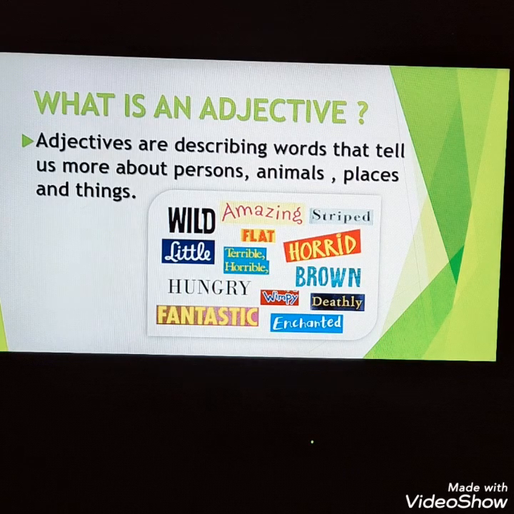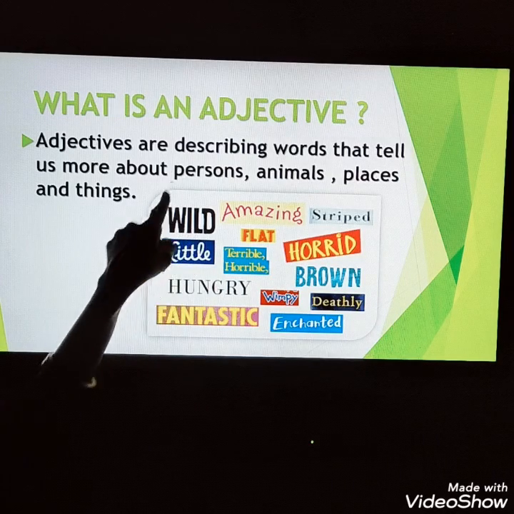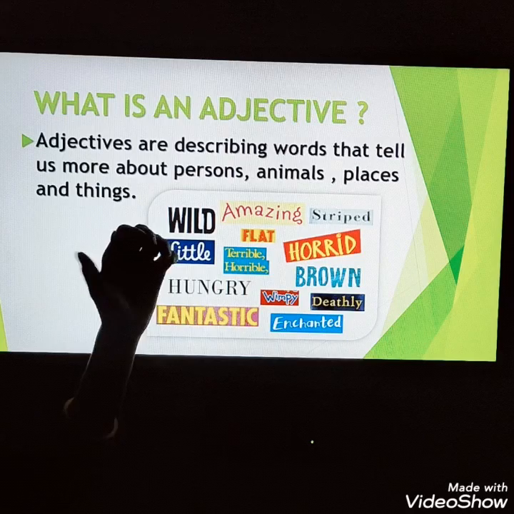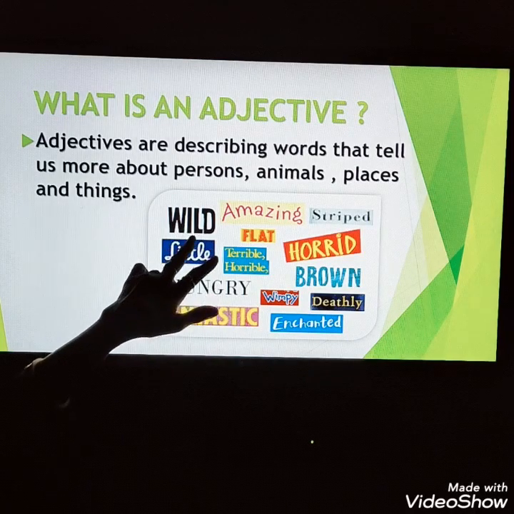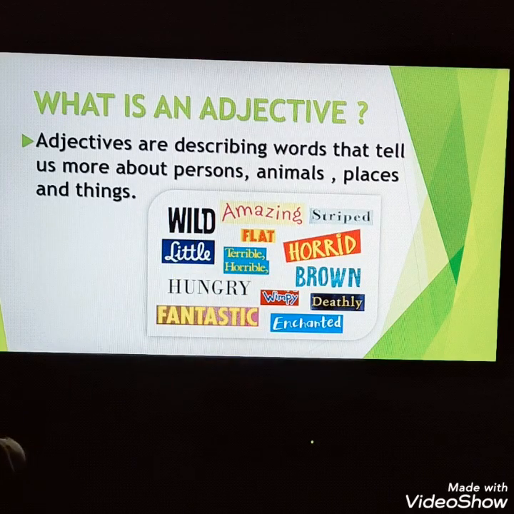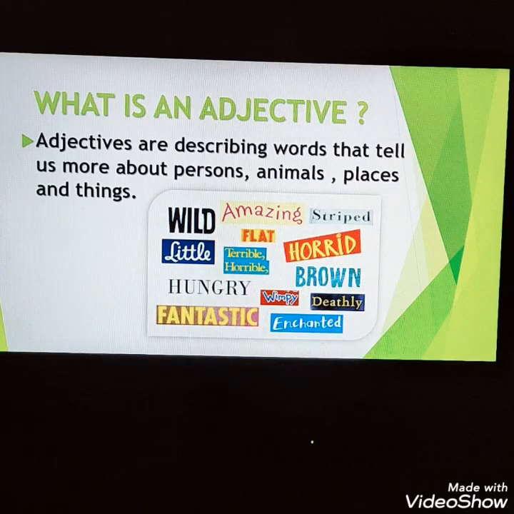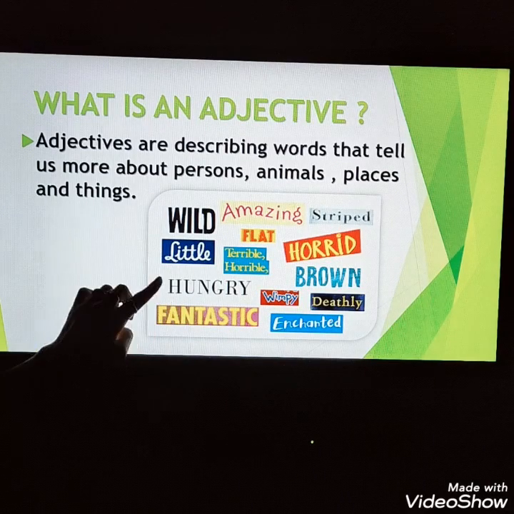Adjectives are special words that describe something. Lion is a wild animal. Wild is telling about how the lion is. So, it's a wild animal. These are some of the examples of describing words. Little. Hungry.